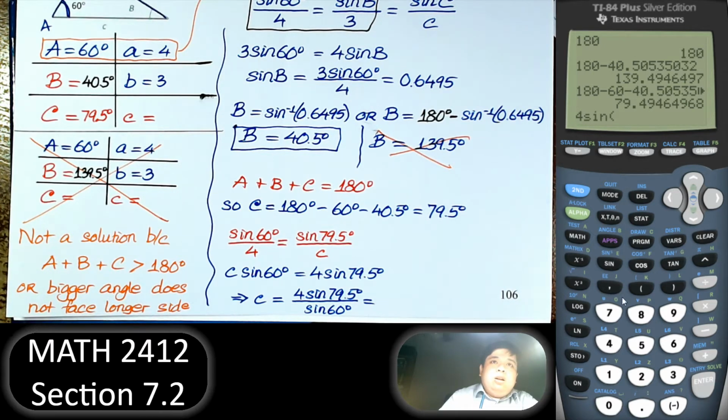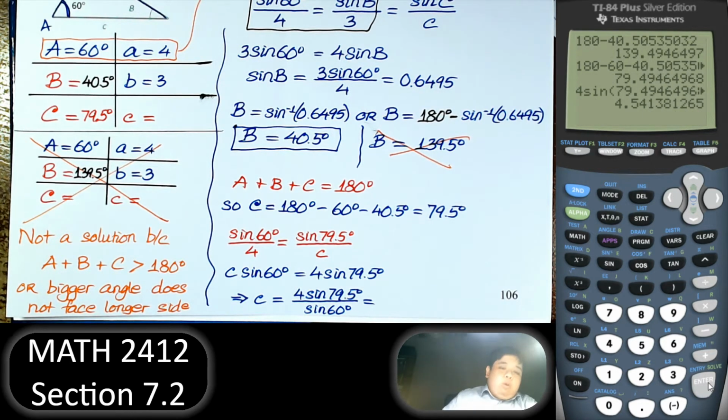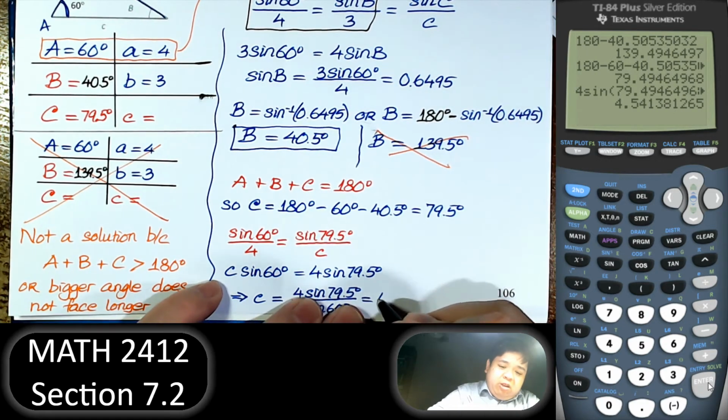For sine of 79.5, I should use this number divided by sine of 60 degrees. That is about 4.54.